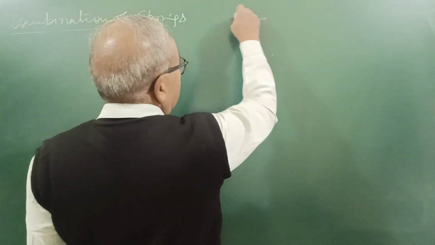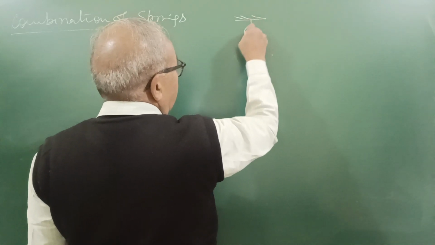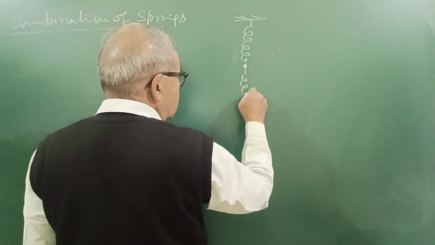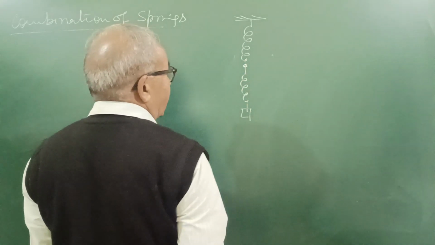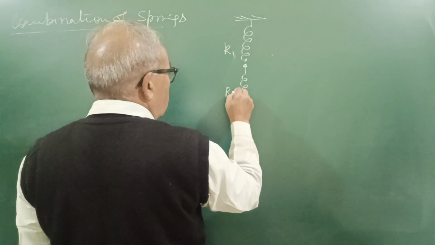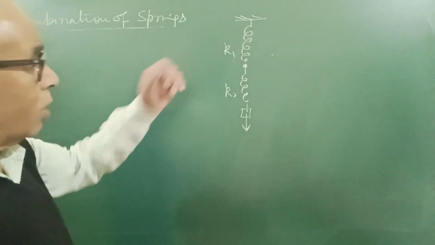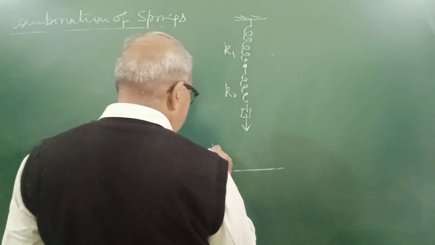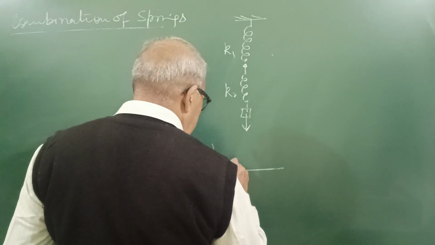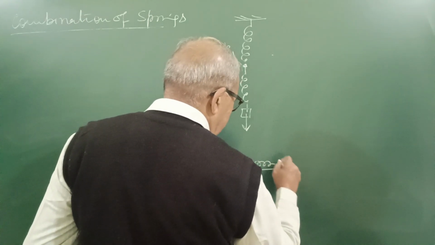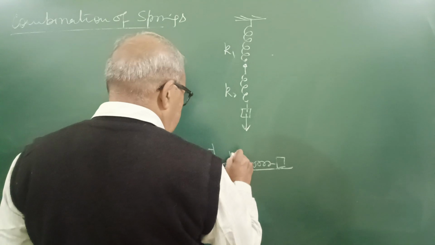Suppose here one spring of constant k1 is welded together with another spring of constant k2, and a weight is suspended. So k1, k2. Please write small k like this. One situation. Here is the other situation, horizontally it can also be. This one k1 and here the other k2, and it is mass M.